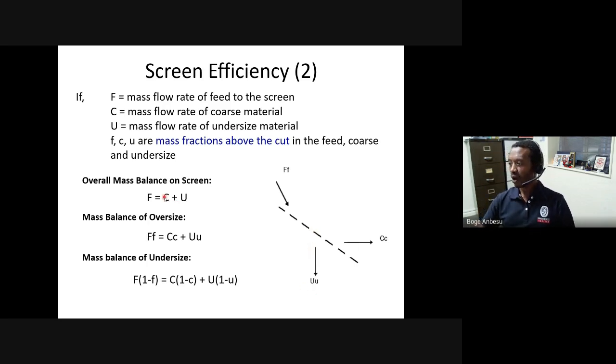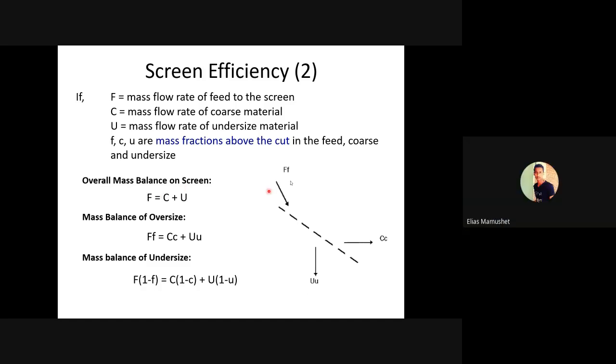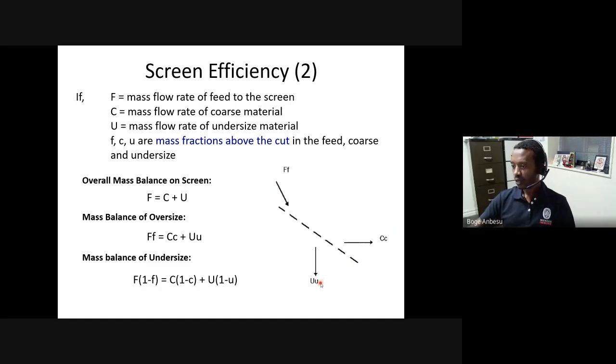So there, now you have masses for feed, coarse, and fine. You also have component balance only for the oversized material. So when I say oversized, oversized fraction in the feed, oversized fraction in the coarse, oversized in the underflow, which are represented by small f, small c, and small u.